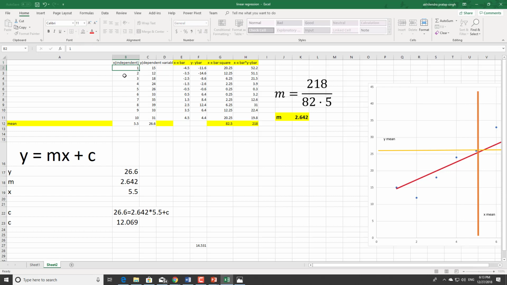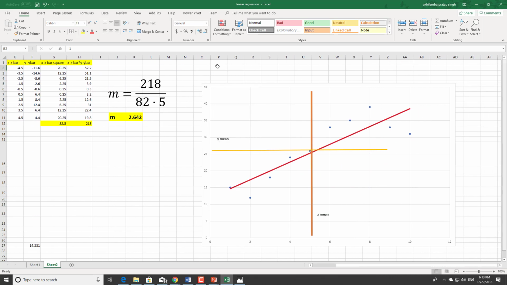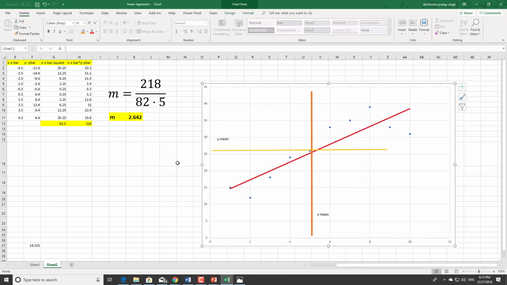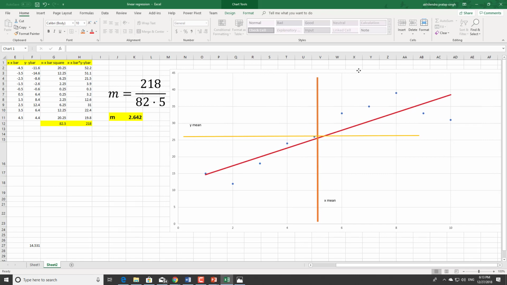All right. And this is the chart. So for now, just look at this chart. Ignore everything on the screen. So we have these values starting from 0 to 12 on the x-axis and 0 to 45 on the y-axis.